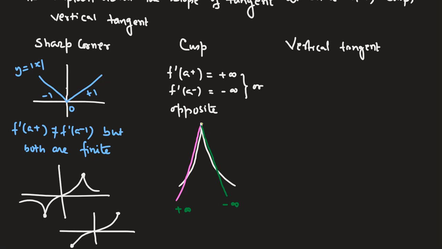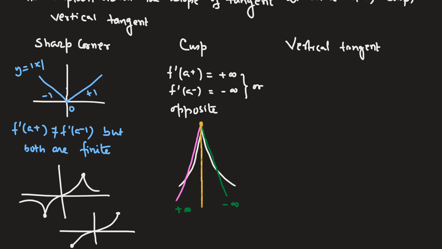When you take the slope of the tangent just after the point and just before the point, you notice that the slope tends towards infinity but in opposite directions. Okay, now next is vertical tangent.